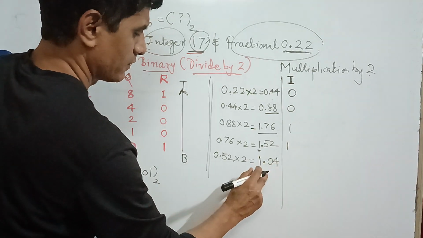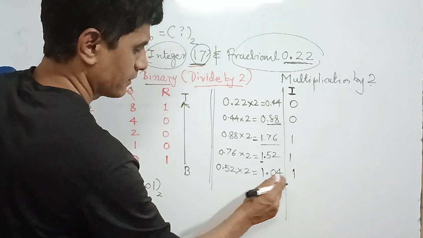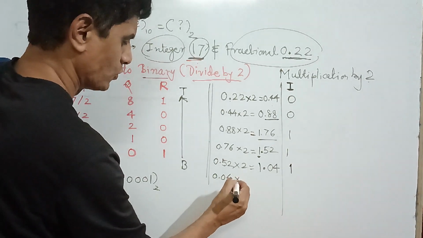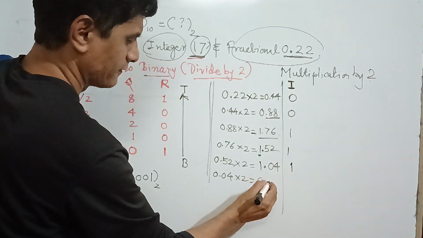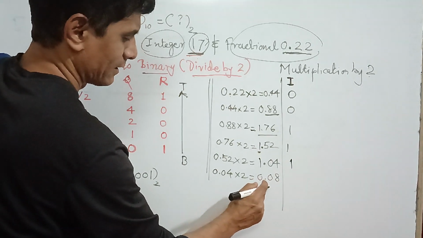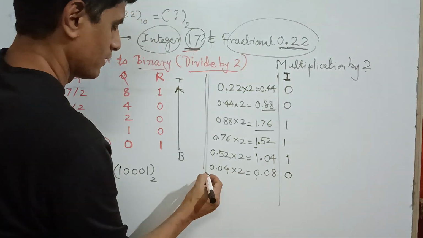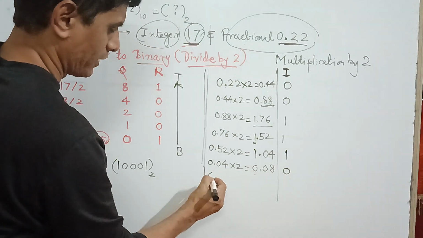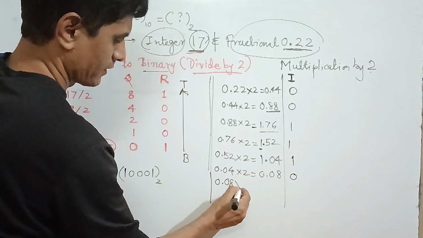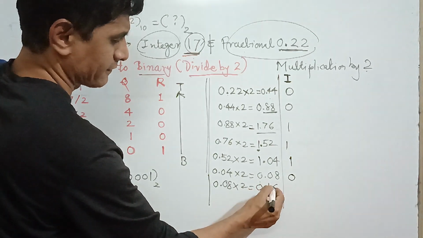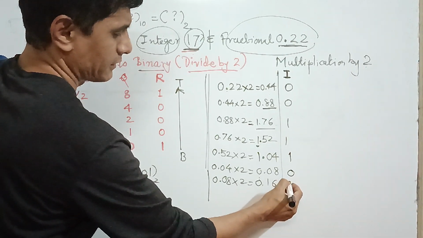Again, dear student, the integer part is 1, and the remaining fractional part 0.04 into 2 is 0.08. Again the integer part is 0. Then take 0.08 into 2, that is 0.16, and the integer is 0.